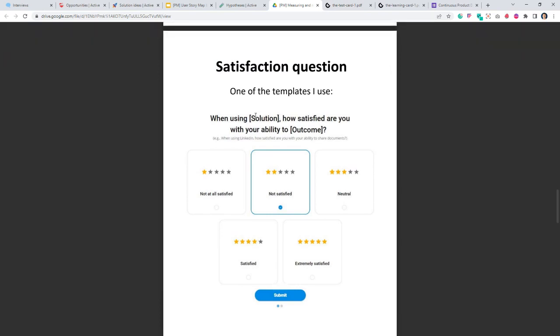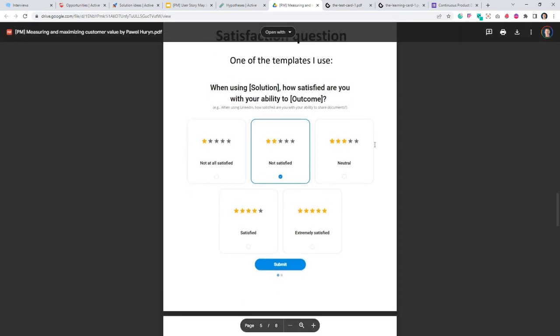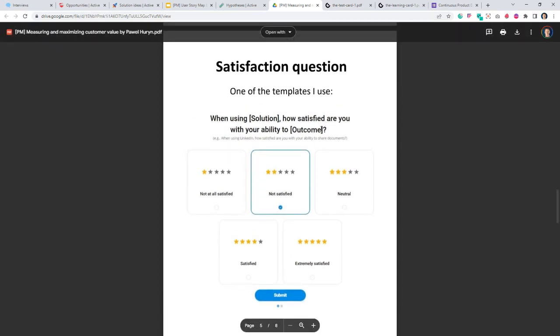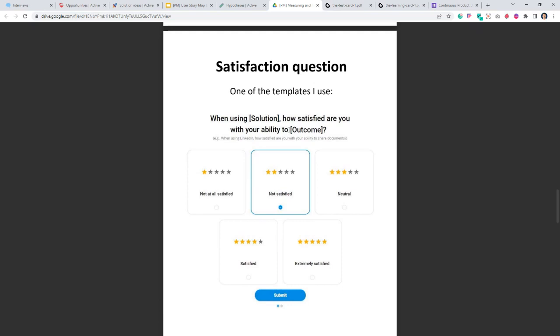It might be our solution, it might be another solution: how satisfied are you with your ability to achieve the outcome? There are many types of outcome, but outcome in this context means some functional outcome for the customer. This can be an emotional outcome or social outcome. But the basic one is the functional, and it will typically have social and emotional dimensions.